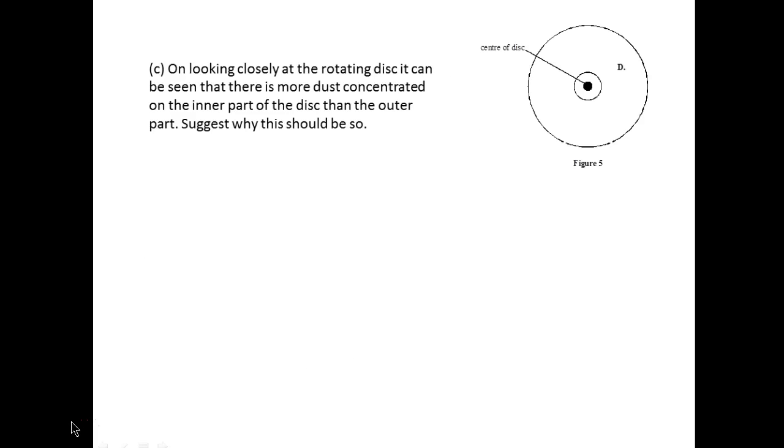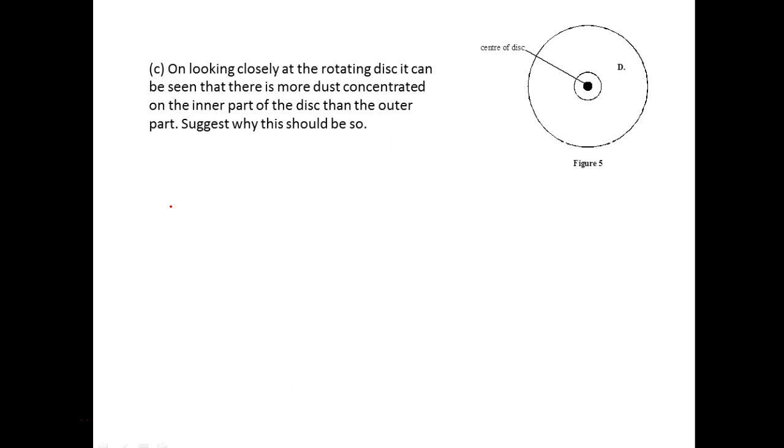For part C of the question, we need to explain why there seems to be more dust concentrated on the inner part of the disk than the outer part of the disk. And so in answering a question like this, we need to first make use of a relevant equation.